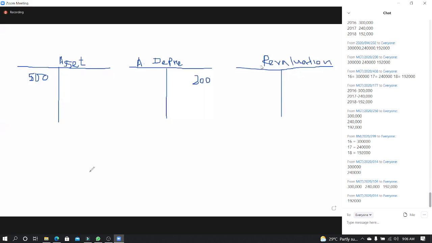So for 500,000 by 20% means that is 100,000 per year. So we have 2 years depreciation here.